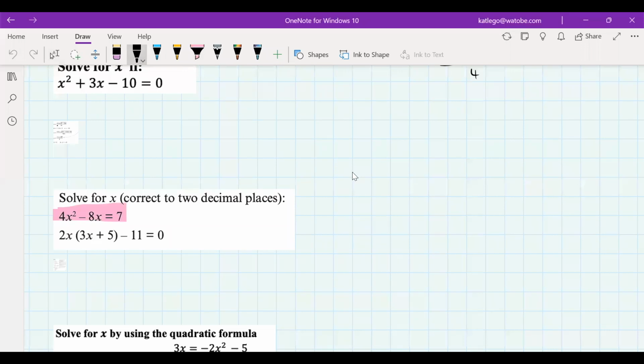Okay, so first you have to put it in standard form, as in ax squared. No, that was a negative. Sorry. Minus 8x minus 7 equals 0. Then you can substitute into our formula, which is up here.